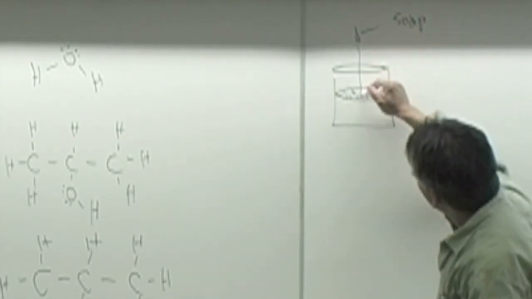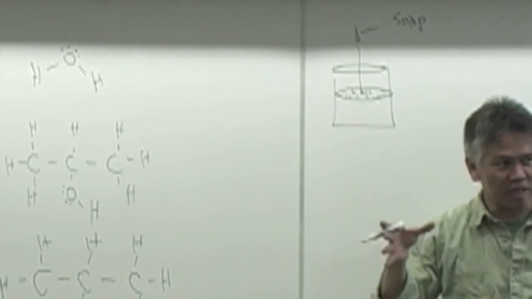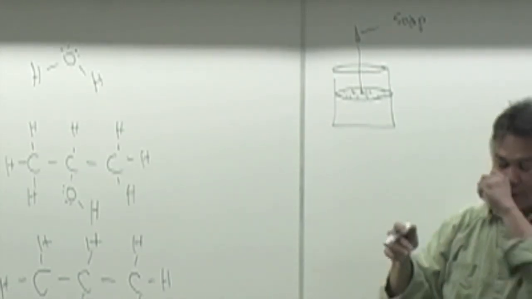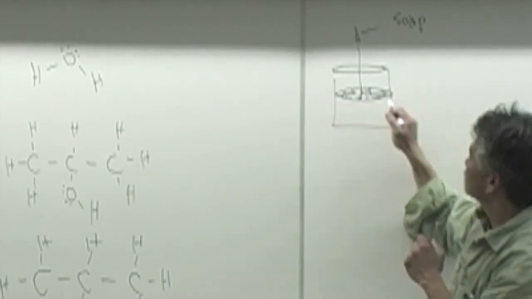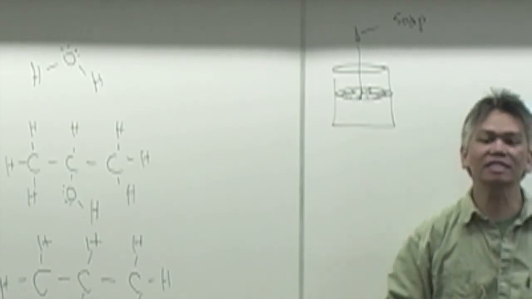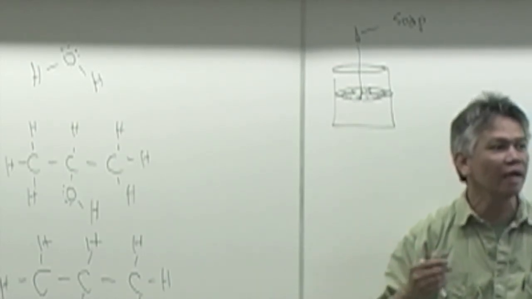And so when you add it to the surface of a liquid, depending on the surface tension and the intermolecular force, the faster it recoils back. It has to do with the surface tension as well as the attractive force for that particular soap.